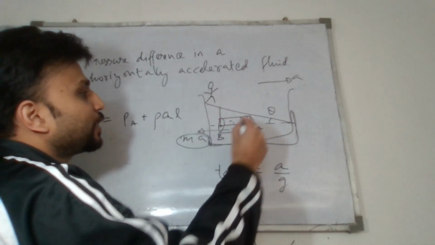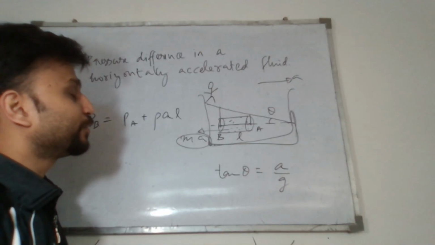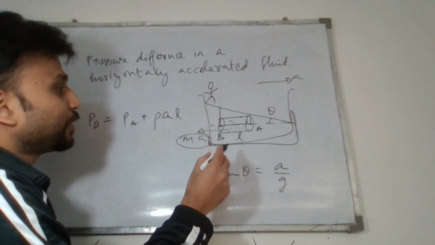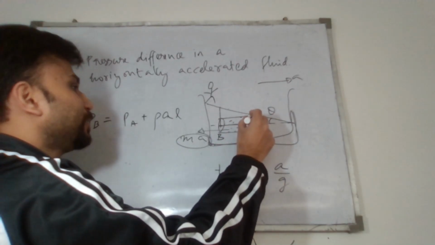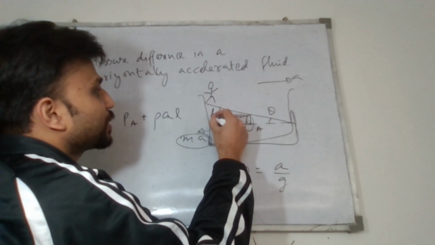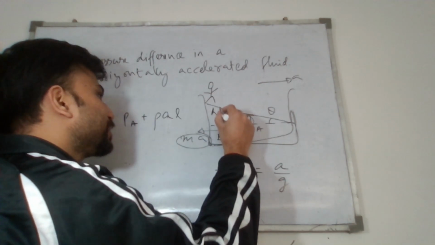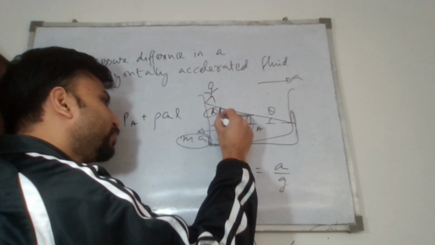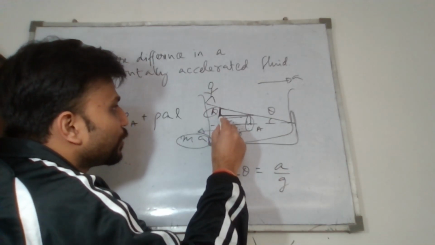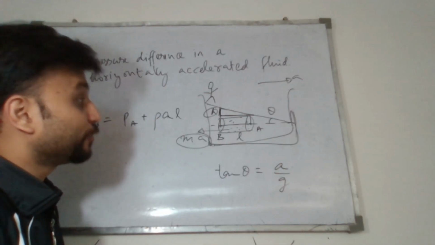But what about the vertical height? Can I use the vertical height to calculate the pressure difference? Vertically speaking, A and B have a height difference equal to this particular triangle's height h, the small distance h, if it is visible to you. This h distance is the vertical difference between points A and B, which is creating the pressure difference.